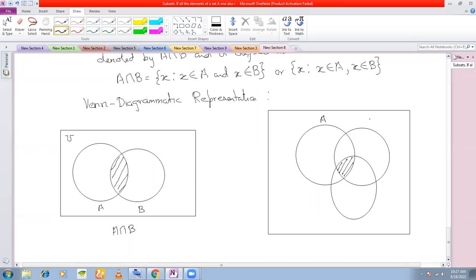This is A, B, C, union, and this shaded part is A intersection B intersection C. Okay. Now the properties of intersection I'll be discussing in the next class. So I'll stop here.